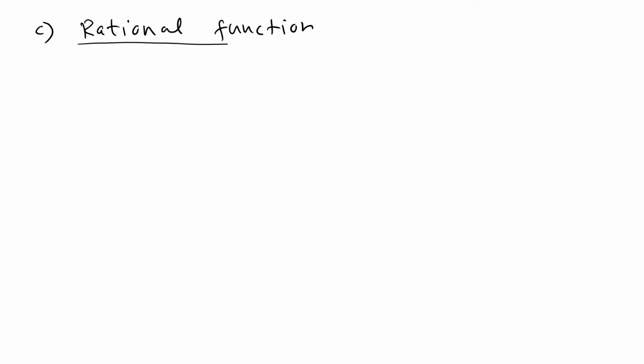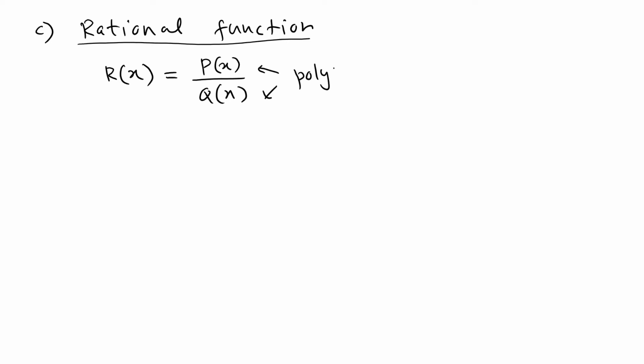What's a rational function? When you have the ratio between two polynomials, say R(x), which is a ratio of two polynomials, you call this a rational function.